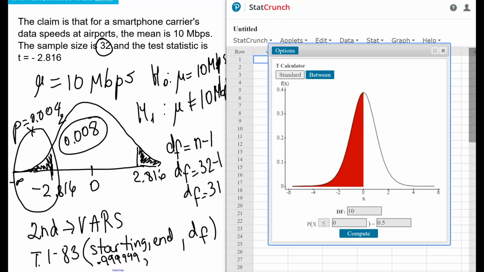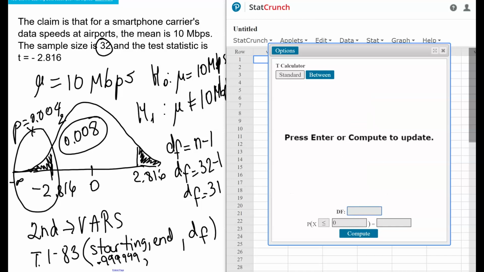Here's our T distribution that looks like a normal distribution. Change the degrees of freedom to 31. For the probability that X is less than, our t-statistic is negative 2.816.